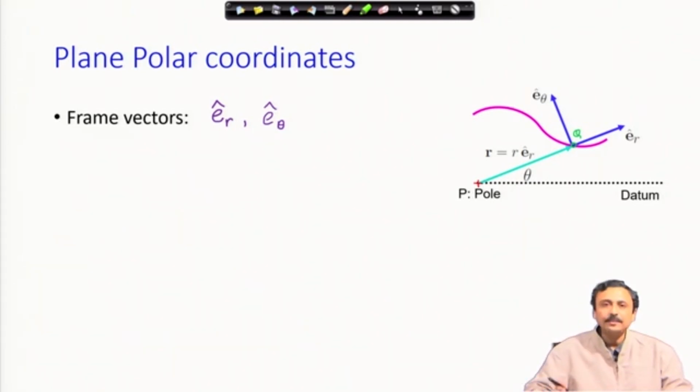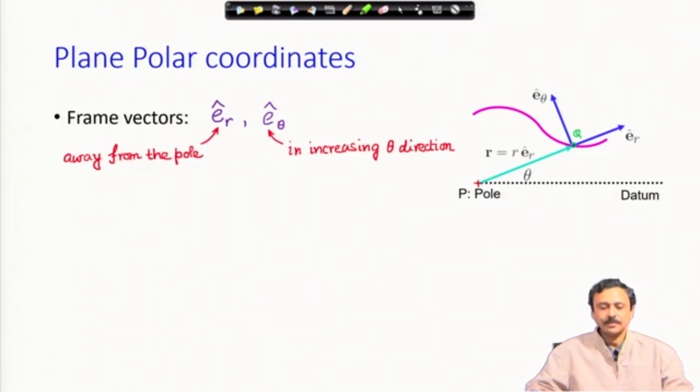I also define E theta cap, which is in the direction of increasing theta. Now, these are some important points to note. So, Er is in the direction of increasing r, and E theta is in the direction of increasing theta. So, Er is away from the pole and E theta is in the increasing theta direction.